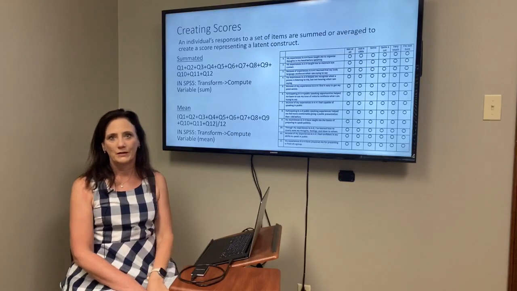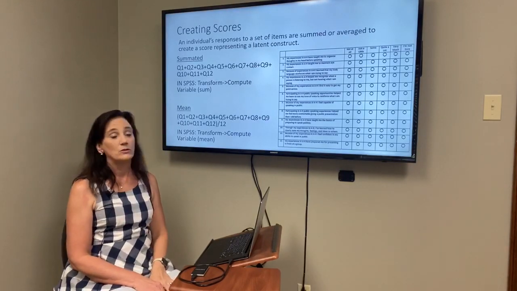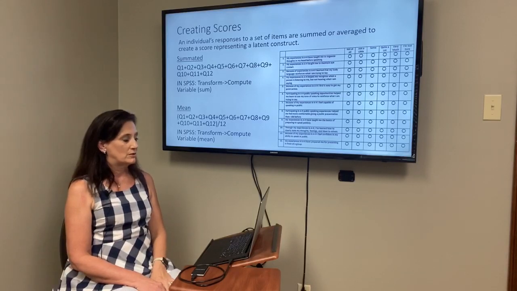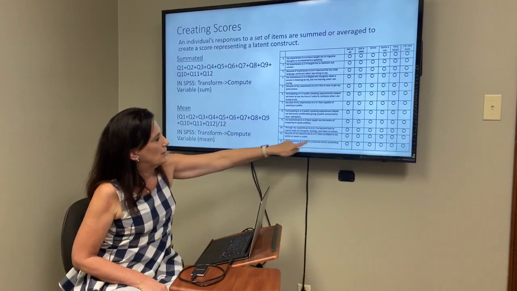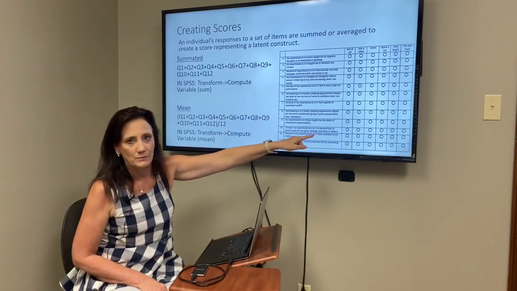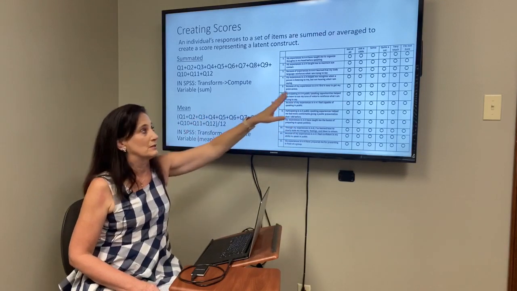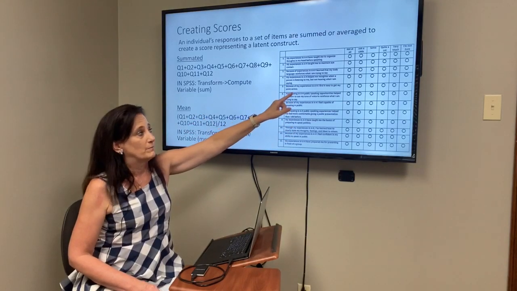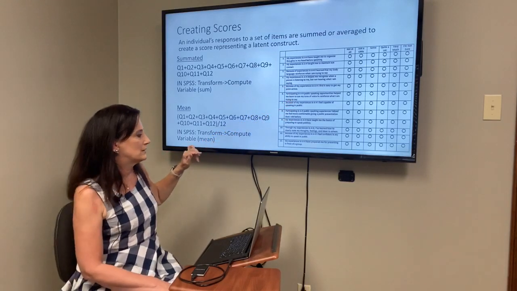All right, so creating scores. There are a few ways to create scores. You can do summated, which is just adding up their responses. So people came through, they answered all 12 of these items. You add up their numeric responses, because you've converted these circles to a numeric response.